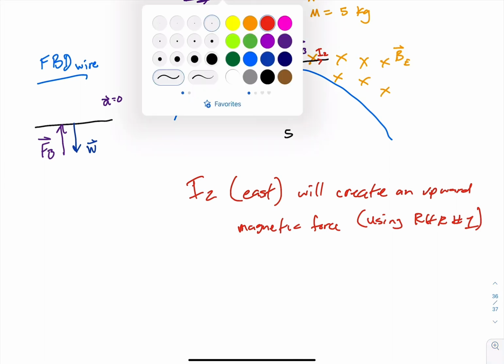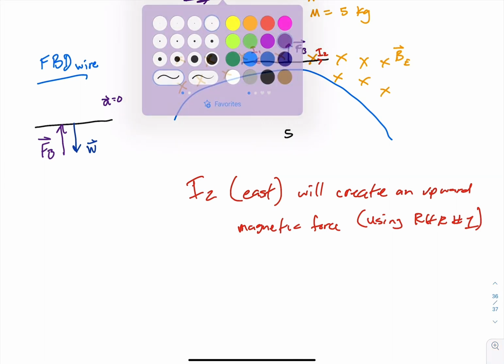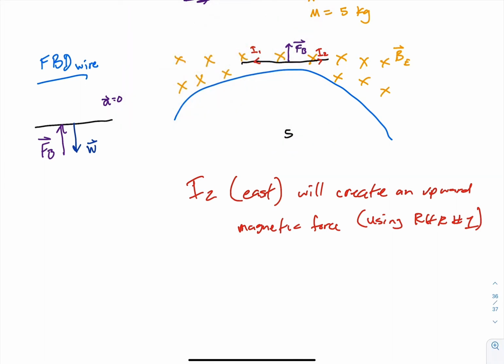Now, using the magnetic force equation, we can try to determine the magnitude of that force. F_B, the magnitude of any magnetic force, is always, well, it's not qvB here, it's I L B sine phi, where phi is the angle between the direction of the current and the magnetic field. Well, in our case, it looks like they're perpendicular, or orthogonal, to each other.